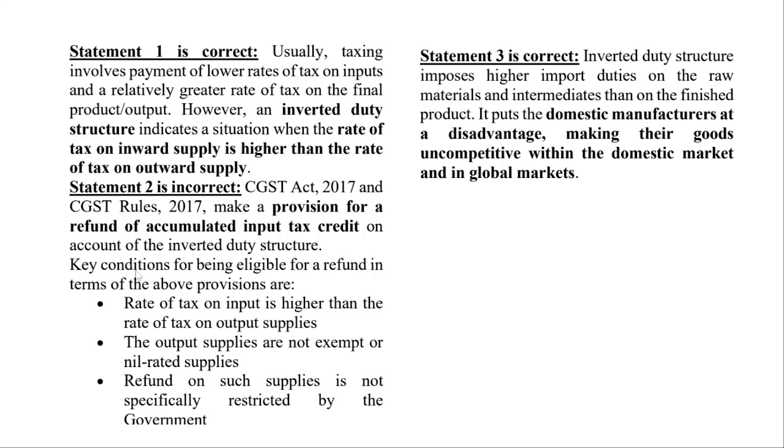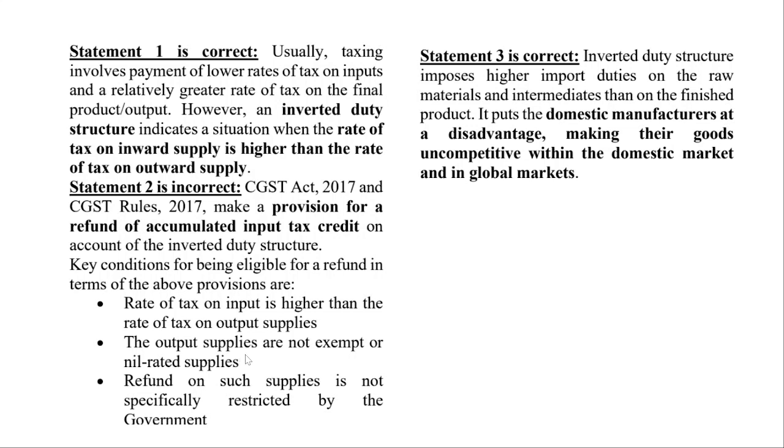The key condition for eligibility is that the rate of tax on input is higher than the rate of tax on output. In the previous example, if the iron ore tax is higher than the final product, then, because one of the main contentions of GST was that the production states would lose revenue, whatever input tax credit is accumulated will be refunded.